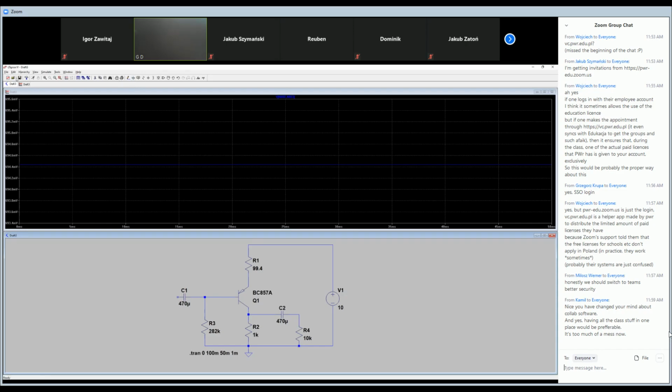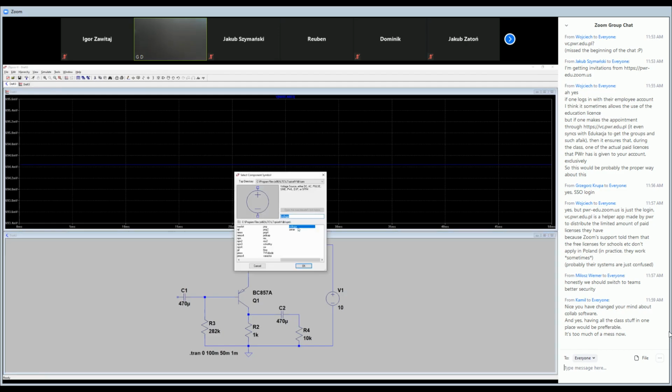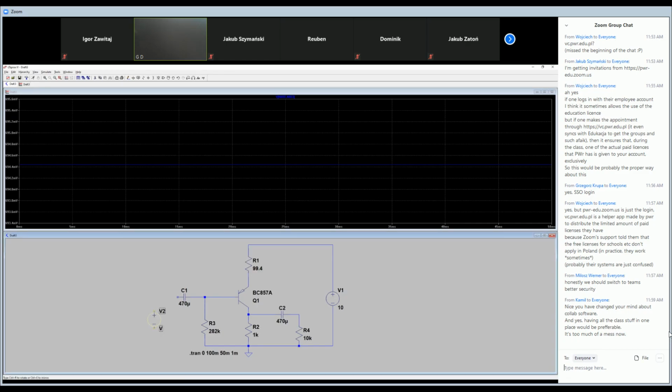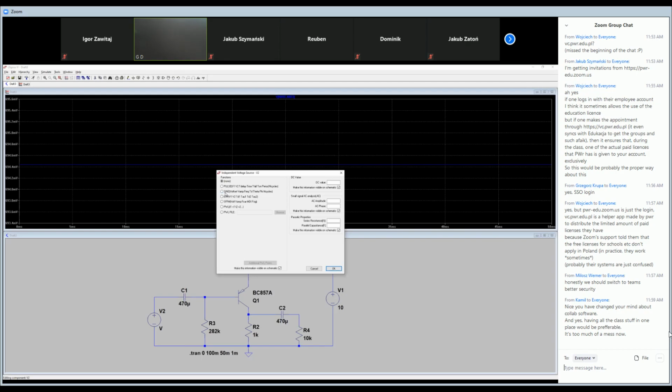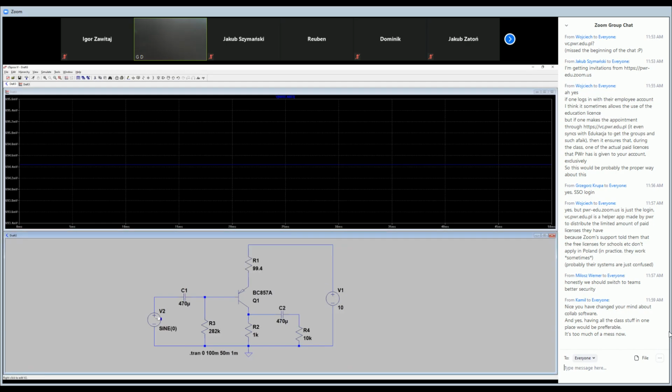And what we have to get is some voltage signal, right? Okay, you can check it. We have to click on Advanced, and let's choose the sine waveform. DC offset is 0.